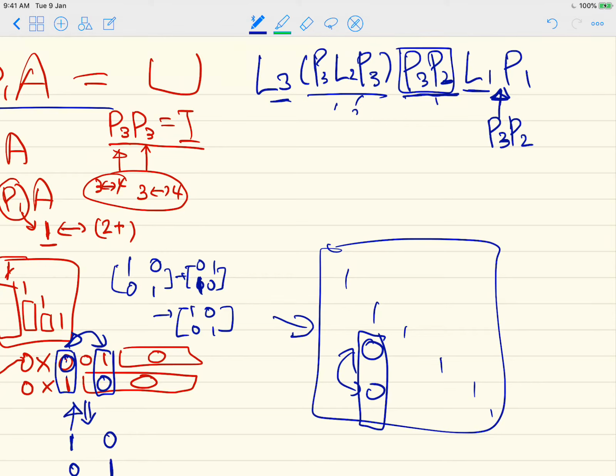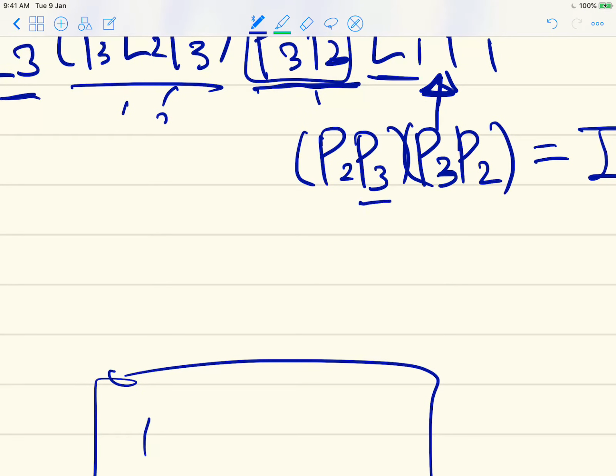Okay, so in this case, let's also think of P3, P2 and their product of the same matrix, and then this one will also be identity. Sorry, so here I need to change 2 and 3.